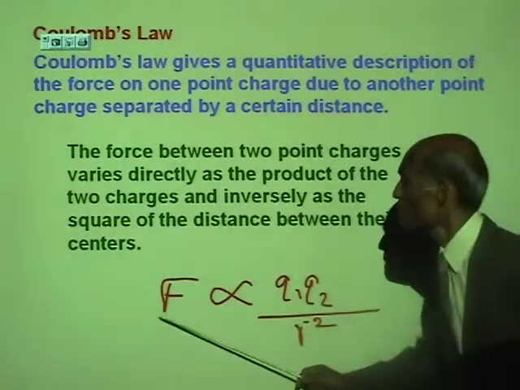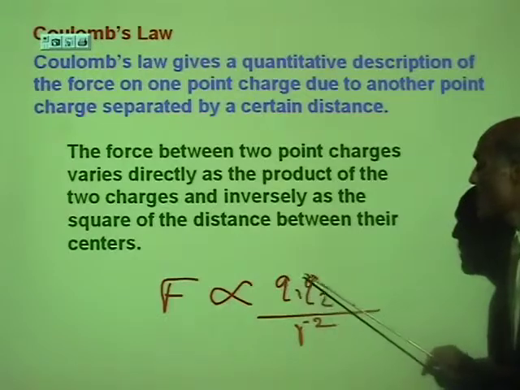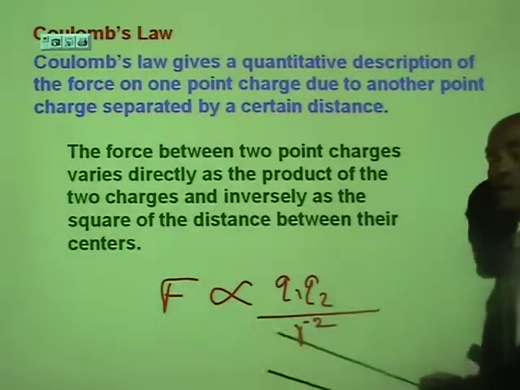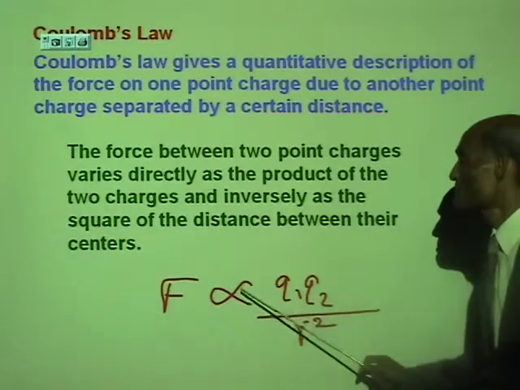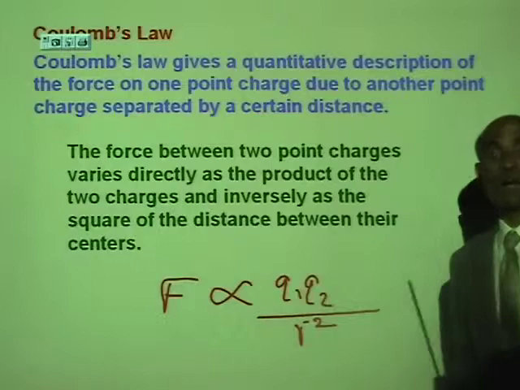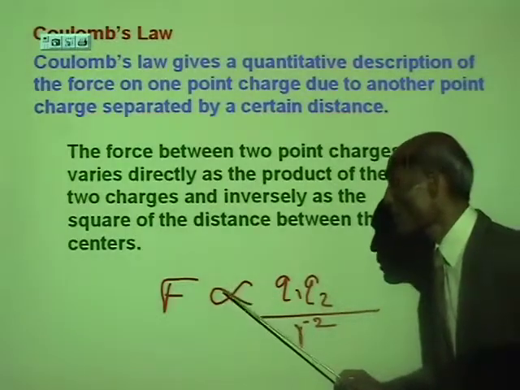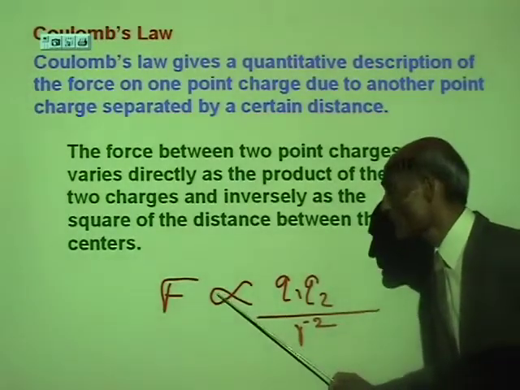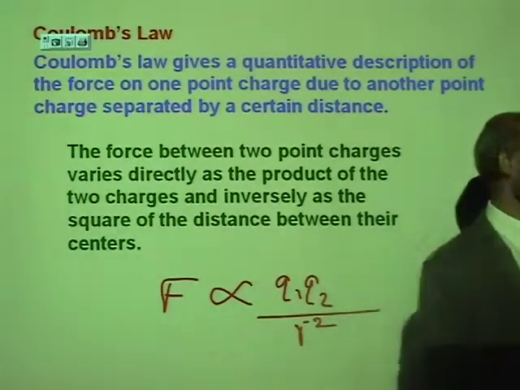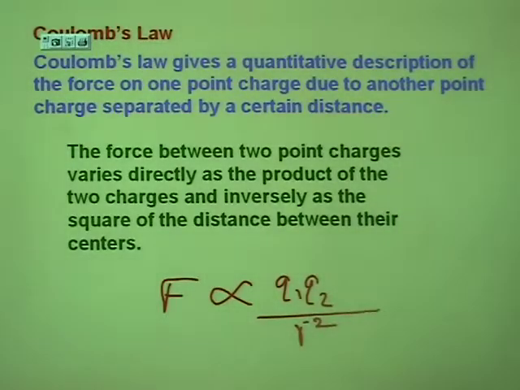The force between two point charges Q1 and Q2 separated by a distance r is F proportional to Q1 Q2 over r squared. And as usual, what will we do? We will replace this proportionality sign by an equal sign. Alright, let's go and do that.